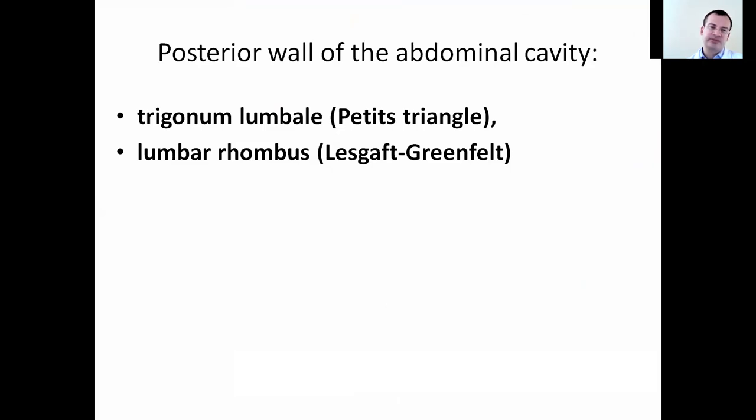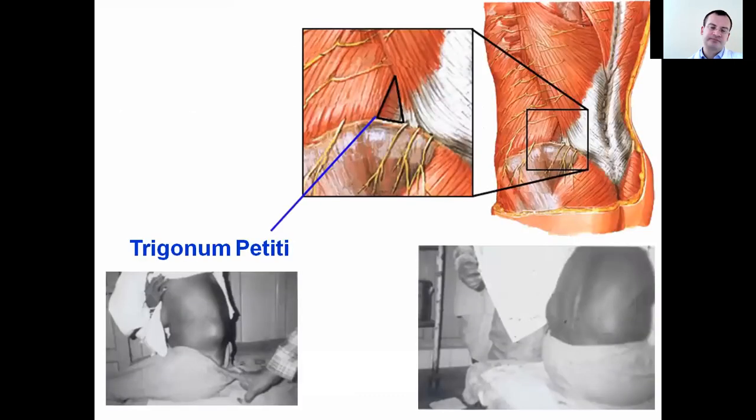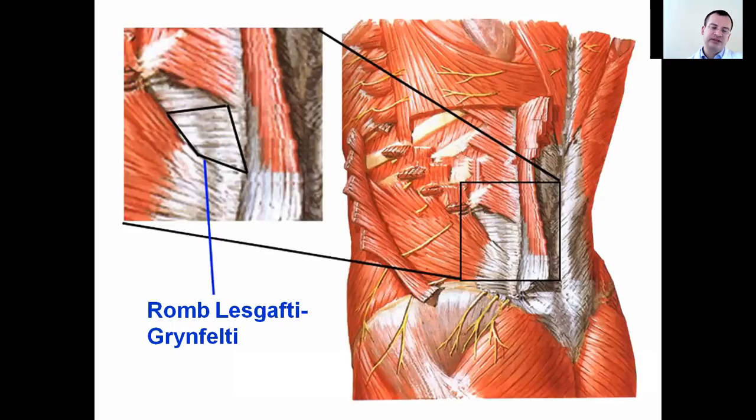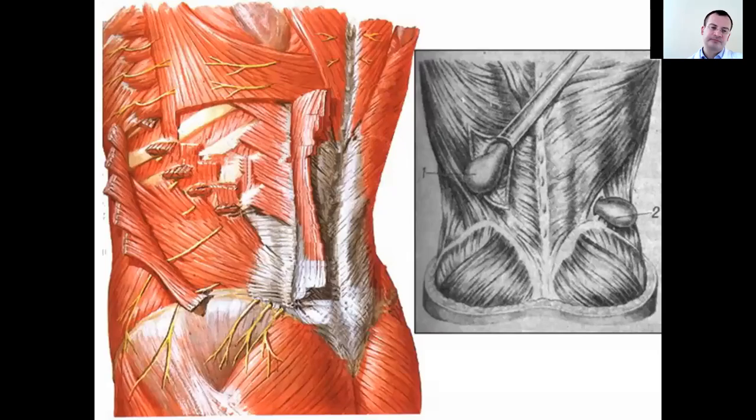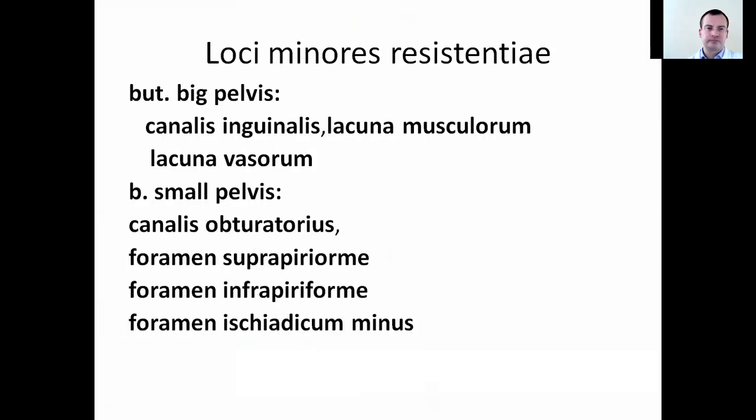The posterior wall of the abdominal cavity has the trigonum lumbale, Petit's triangle, and the lumbar rhombus, Lesgaft-Grynfeltt. This is the trigonum Petiti, the rhomb Lesgaft-Grynfeltt. Loci minoris resistentiae in the big pelvis: canalis inguinalis, lacuna musculorum, lacuna vasorum.